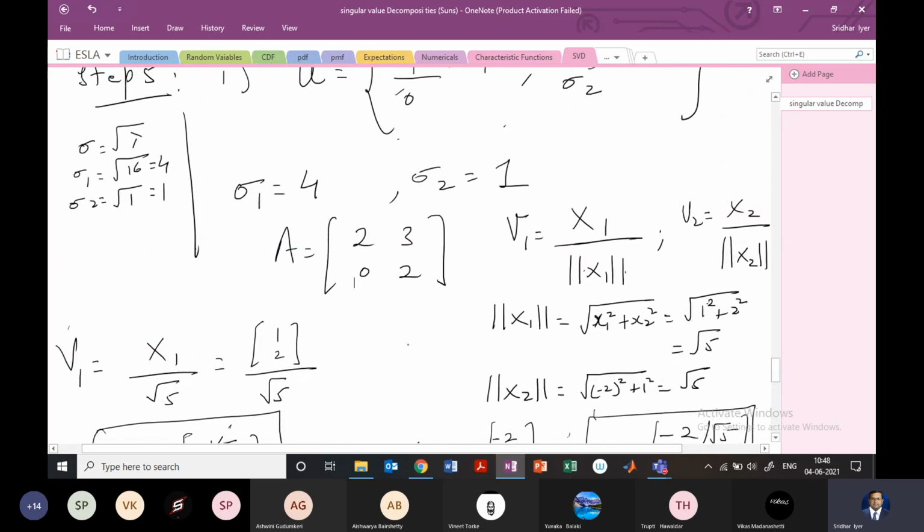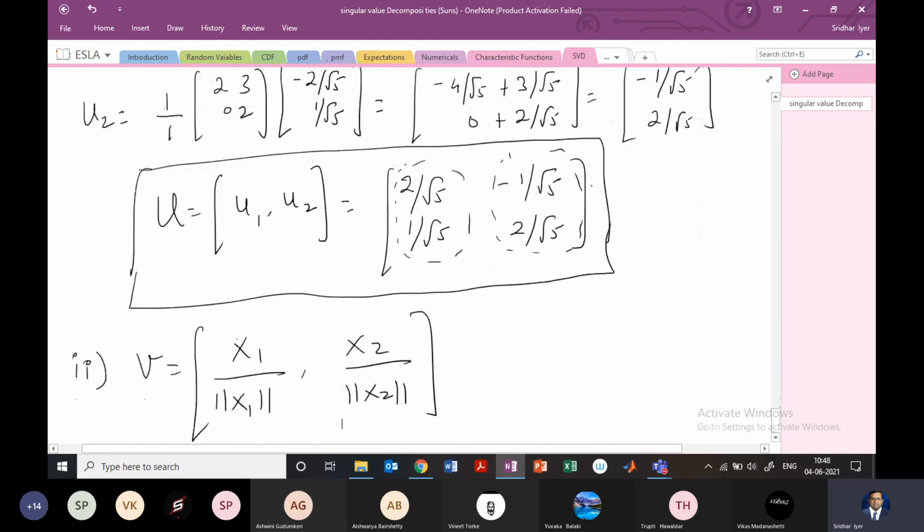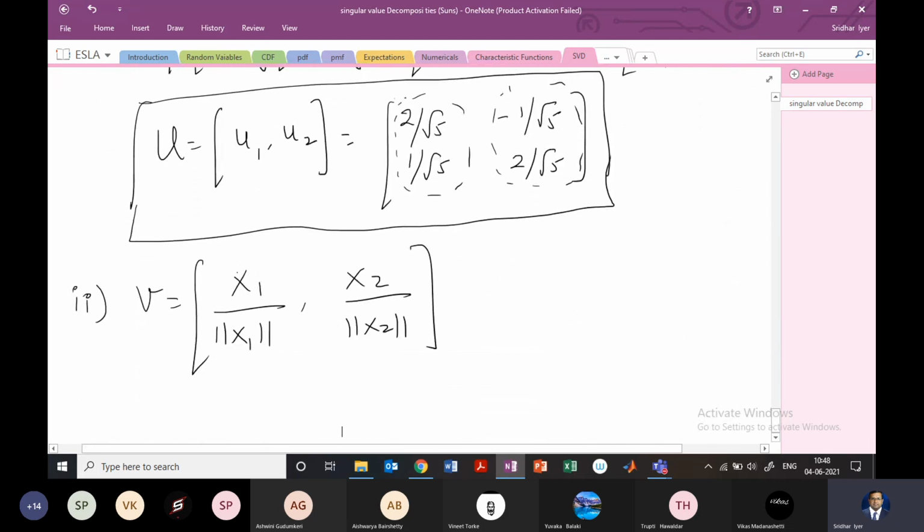Magnitude of x1 is root 5, and magnitude of x2 is also root 5. We already know the matrices: x1 is 1 and 2 in a column vector, and x2 is minus 2 and 1 in the column vector. So the only thing is we will just divide by root 5.